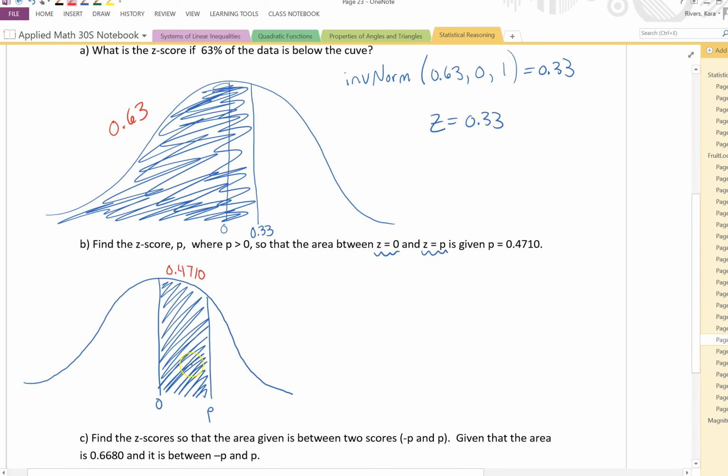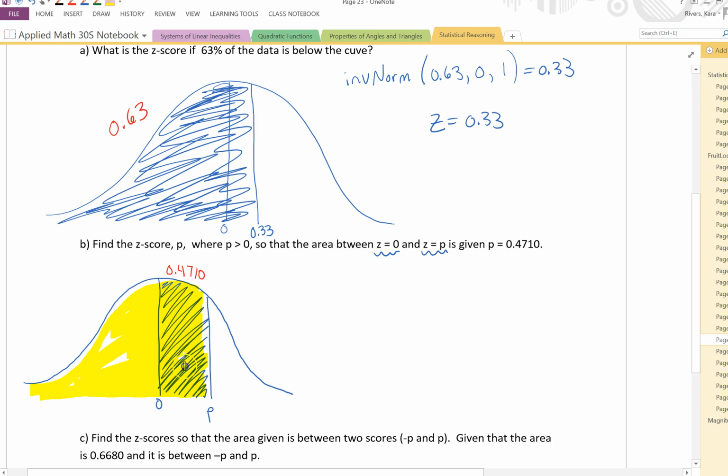Well, we don't want to know everything to the left of P. We just want to know that specific value. So what exactly am I saying here? The calculator is going to tell you, if you just put in 0.47, it's going to assume that you're looking for all of this.